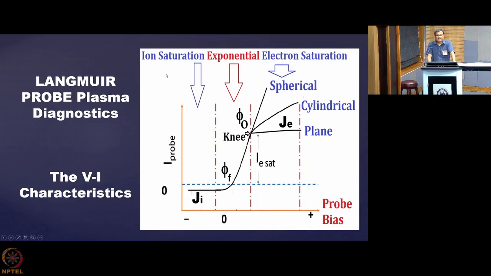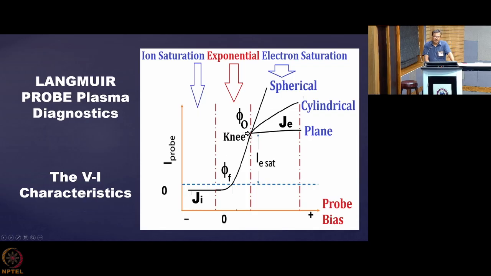So what you have here is the ion saturation current zone, this is Ji. This gives you the floating potential of the plasma, and then this part is the linear part, where the current follows the equation you have seen, and then this forms the electron saturation current. Okay, this is the ion saturation current.